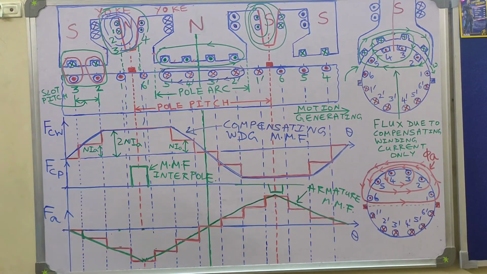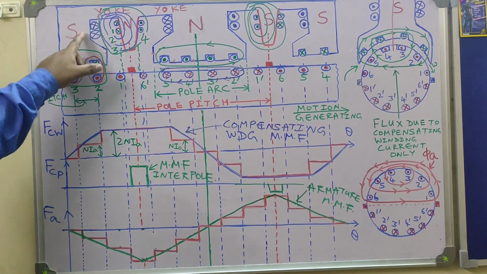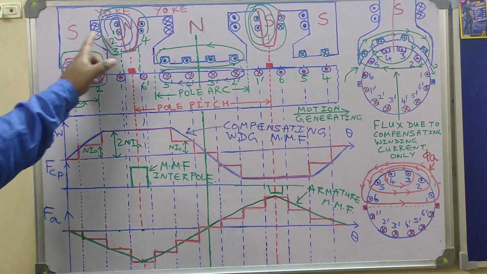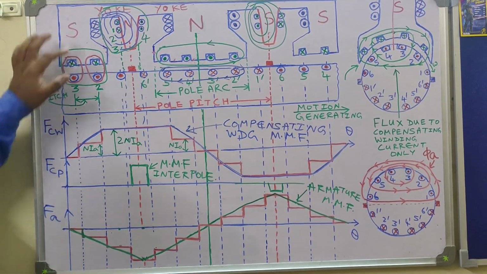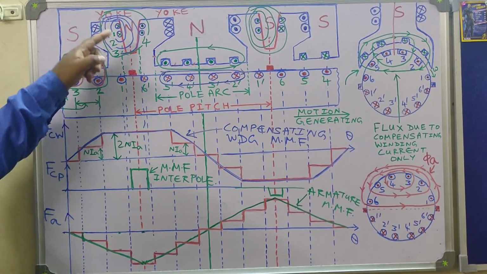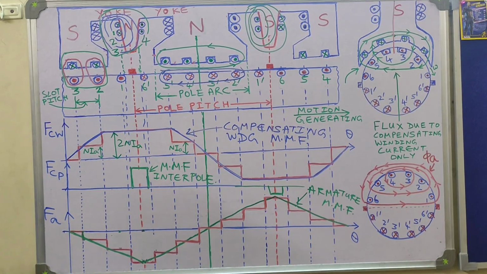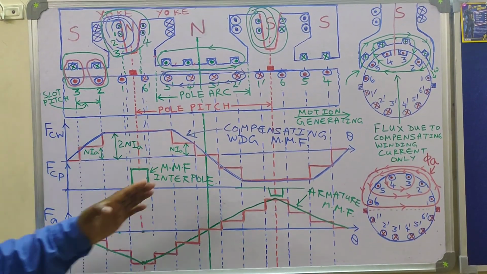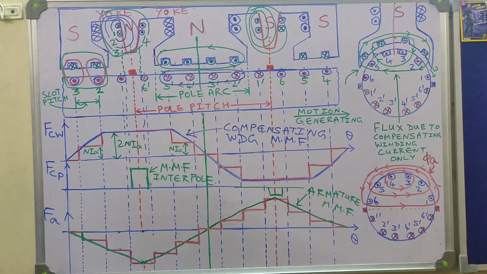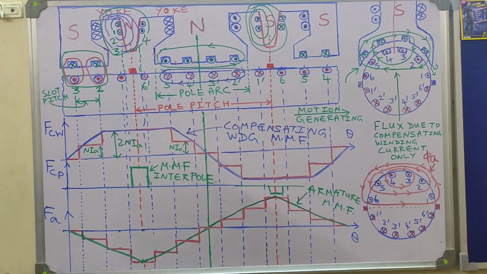What is not indicated here? The MMF due to the main field pole is not indicated in this diagram, due to lack of space, but we have already derived that MMF due to the main field poles. Okay, thank you.